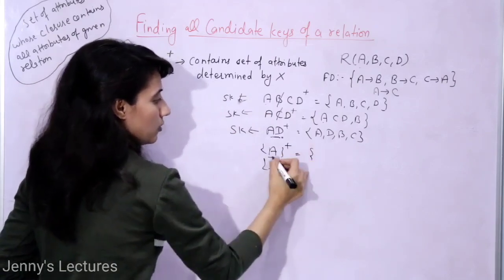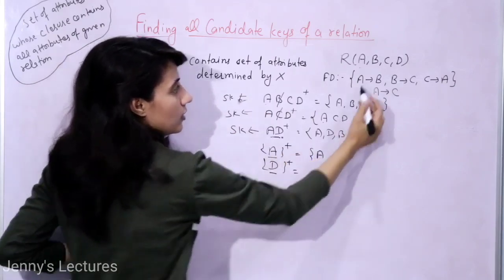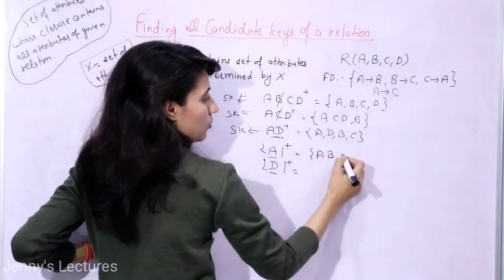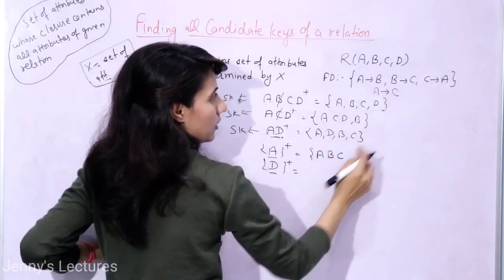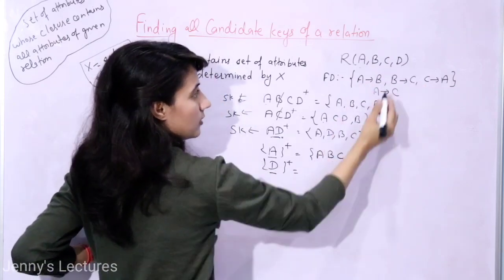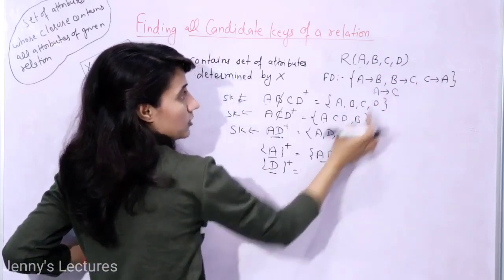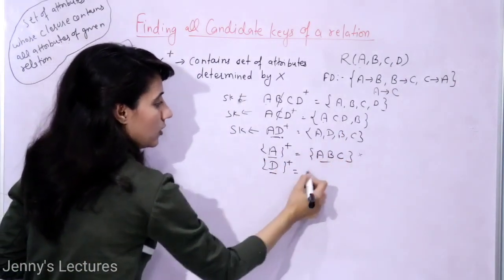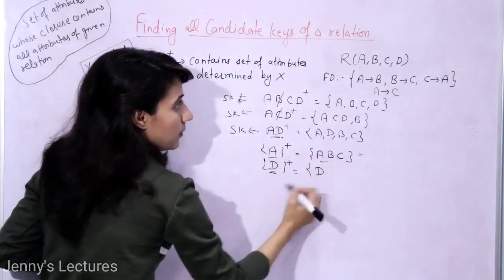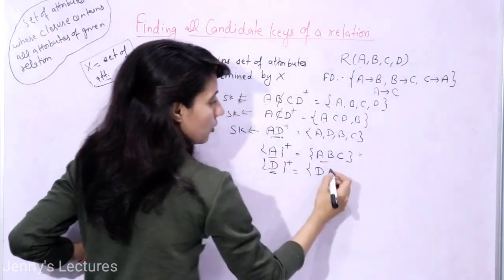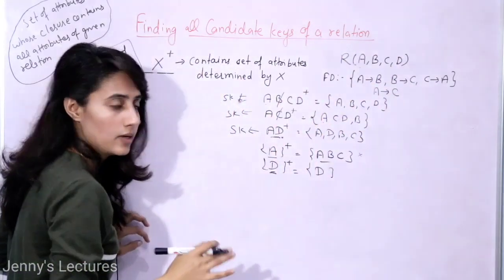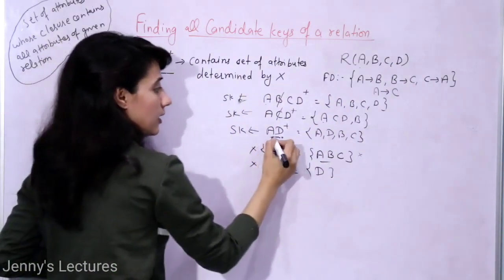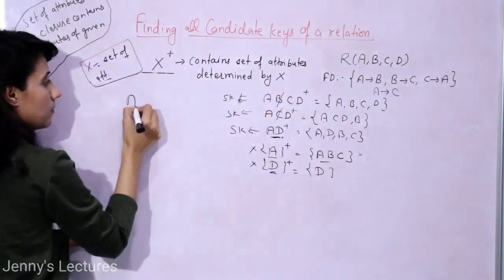A closure: using A I can find A. Using A I can find B. And using B I can find C. From C I can find A again, and A I have already written. But now I have only ABC, I don't have D in this closure. So this is not a super key. Using D I can determine D, but I cannot determine anything else. So neither of these is a super key. So now you can say that AD is a candidate key.